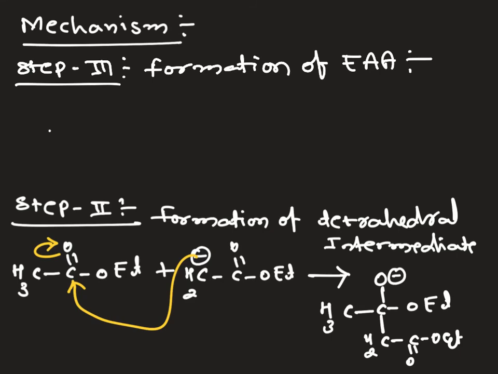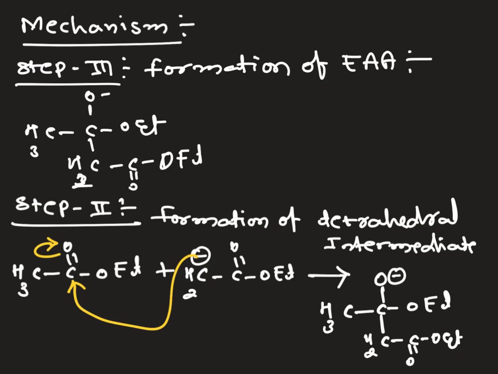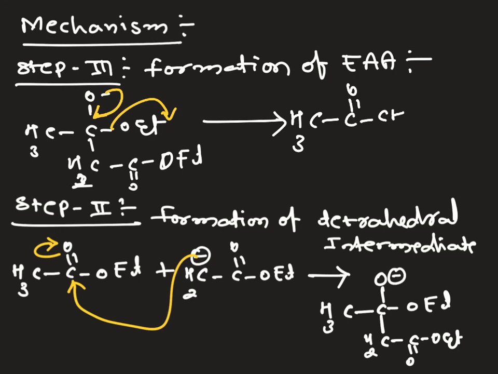I am writing the tetrahedral intermediate here, CH3, O minus, OEt, and here the oxygen negative charge is given back to the carbon, and here OEt will leave as ethoxide, and we will get the product.